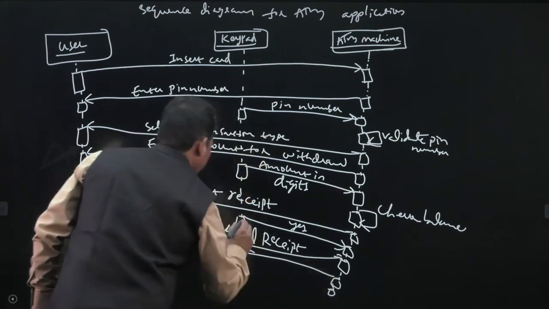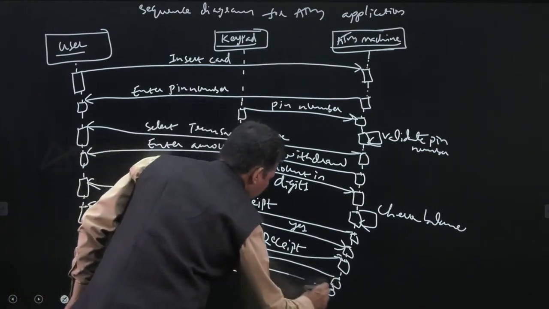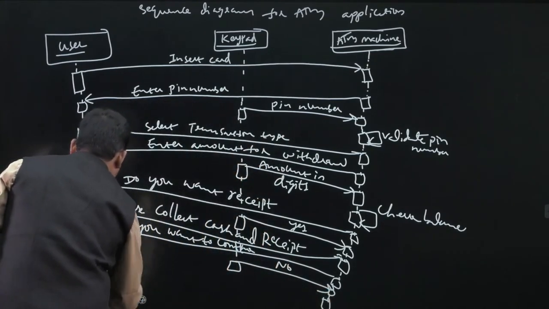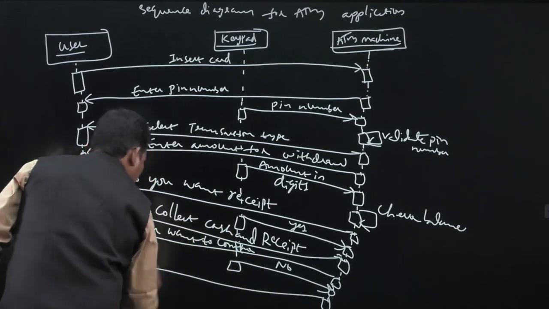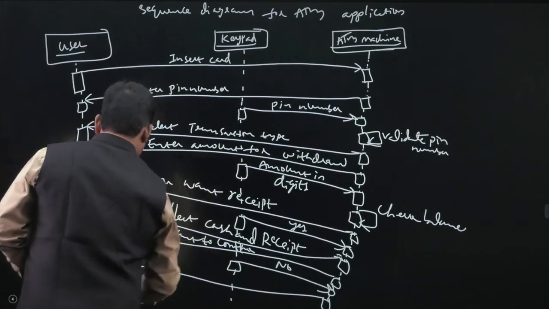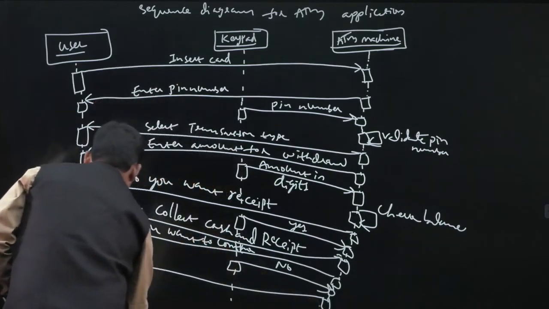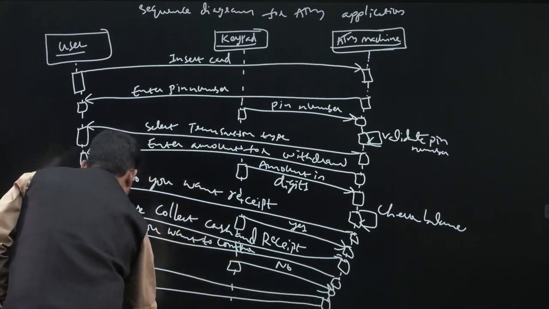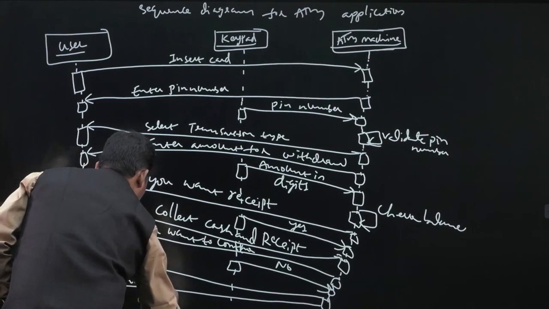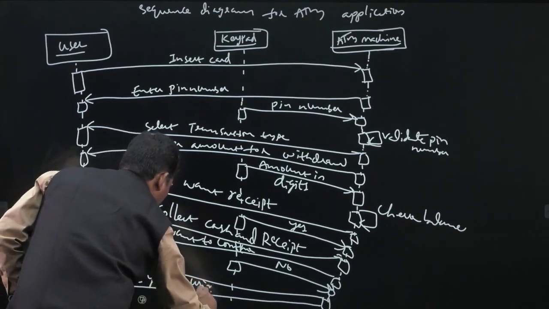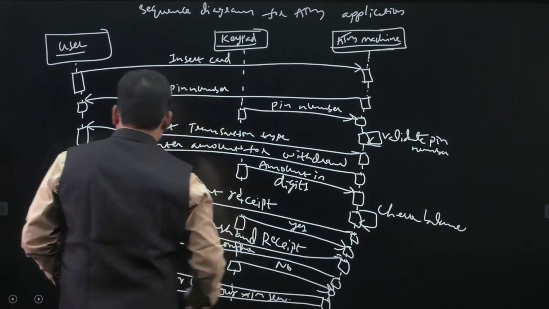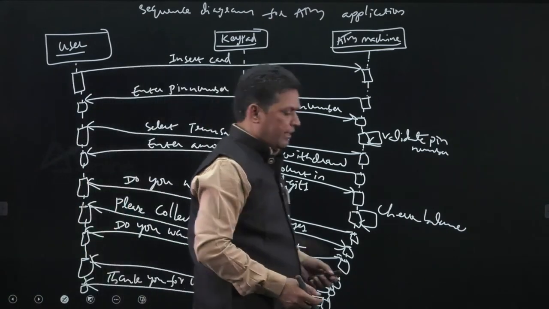If it is yes, the process continues; if it is no, the process stops here. The ATM machine then sends a message to the ATM user: thank you for using our ATM service. So this is the sequence diagram for an ATM application.